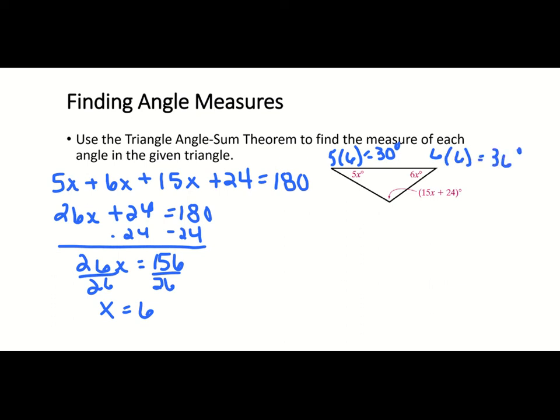And then 15 times 6 plus 24 is, let's see, 15 times 6 is 90. 90 plus 24 will give me 114 degrees. And if you wanted to check further, add the three angles together, add 30 plus 36 plus 114. It will add to 180, and it does, so we are correct.